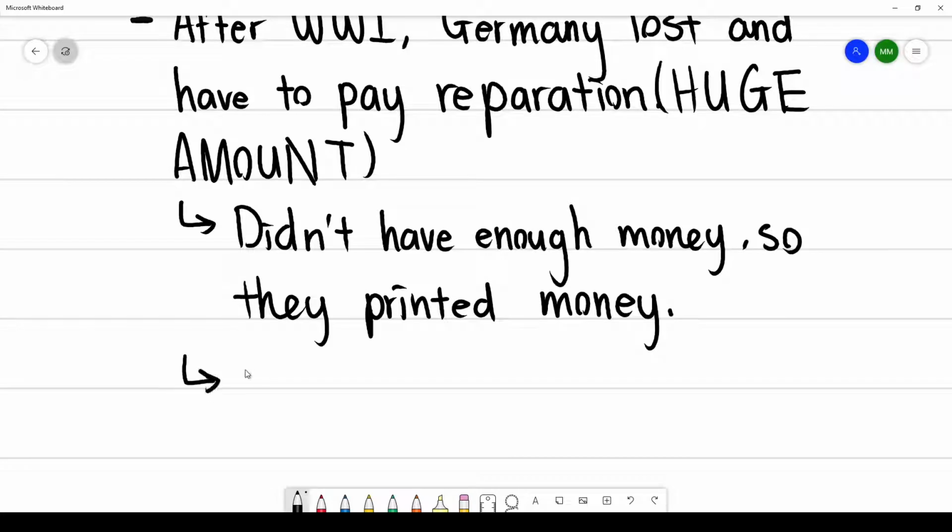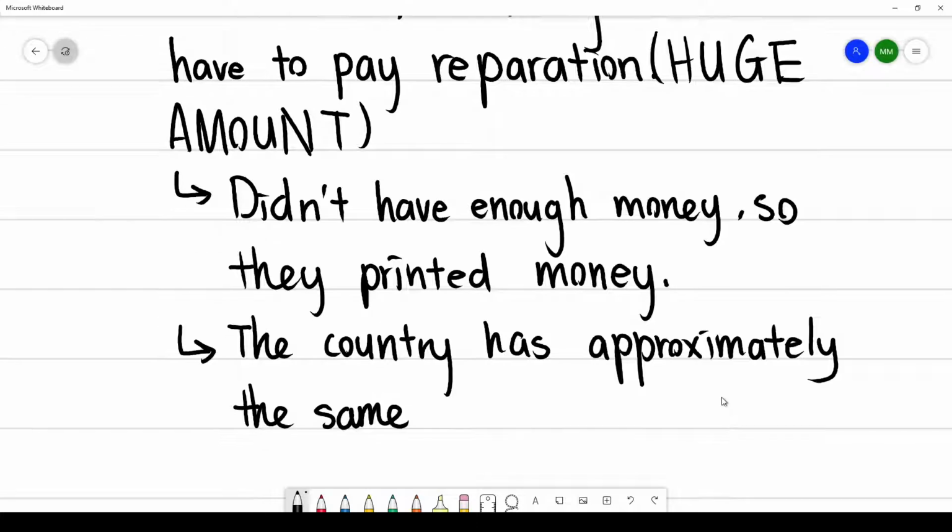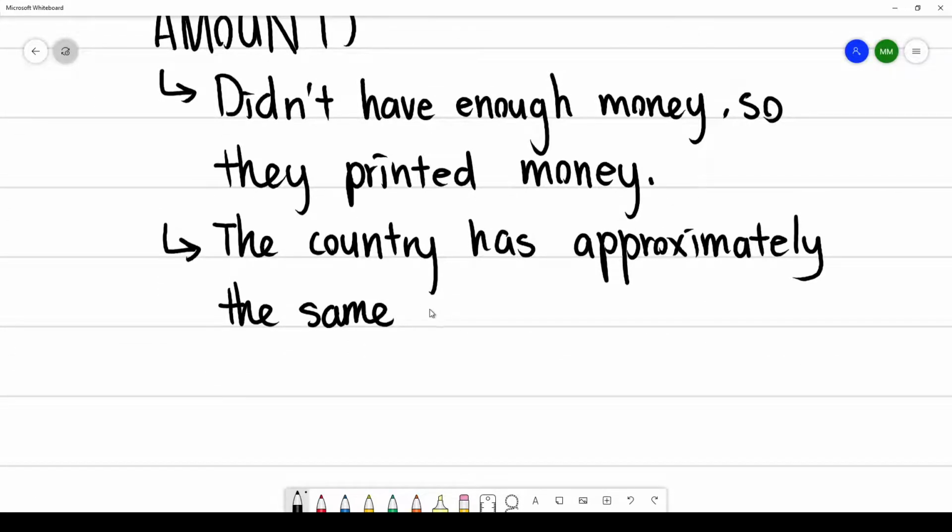Because the country has approximately the same wealth, although that's not very technical, but I think you get what I'm saying.